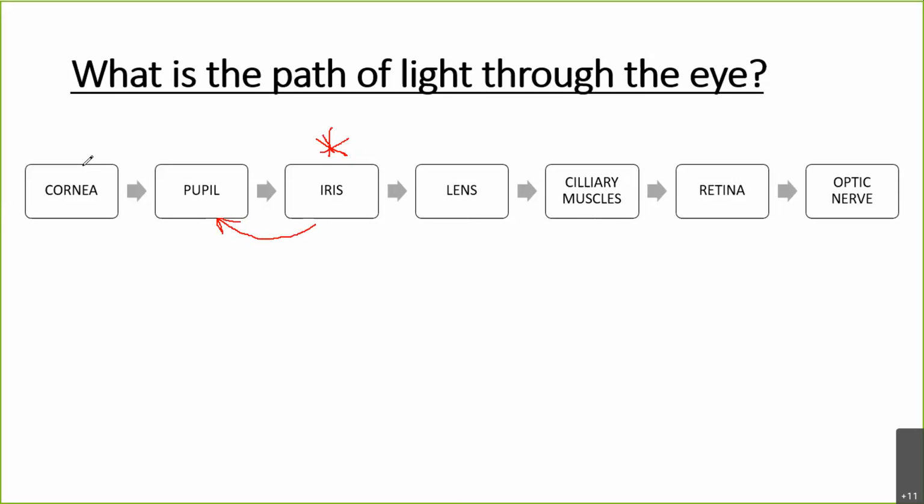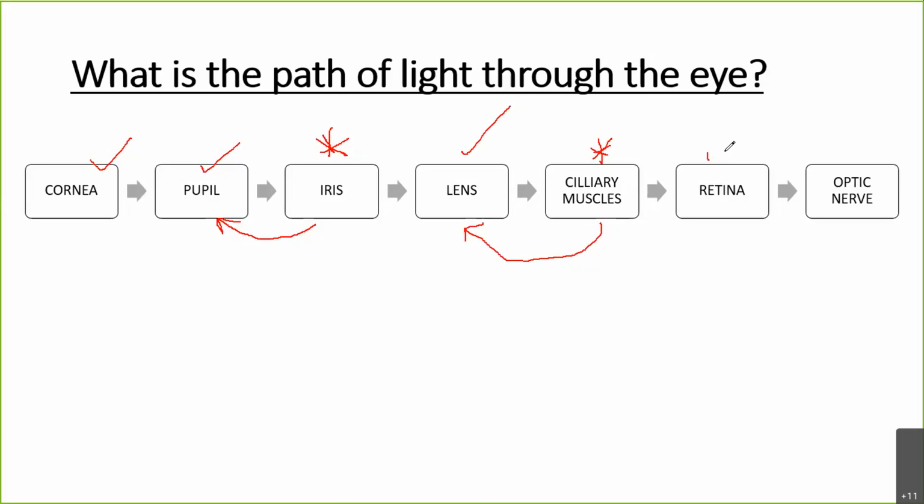So it actually is going to pass through the cornea. It's going to enter the pupil. And then the ciliary muscles, again, they go with the lens. So they help pull or push, stretch or compress the lens to help the light focus on the retina, okay? So it doesn't actually go through the ciliary muscles, but it does pass through the lens.